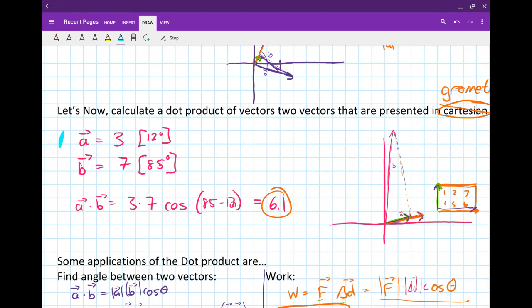And you think to yourself, okay, that's all great, but what actually happened there? Look at what happened. Here's B and here's A. I'm going to take B and imagine projecting it onto A, and there it is, that green/black vector.